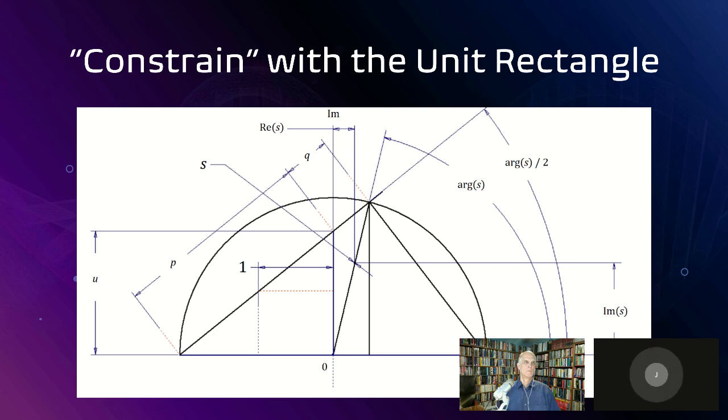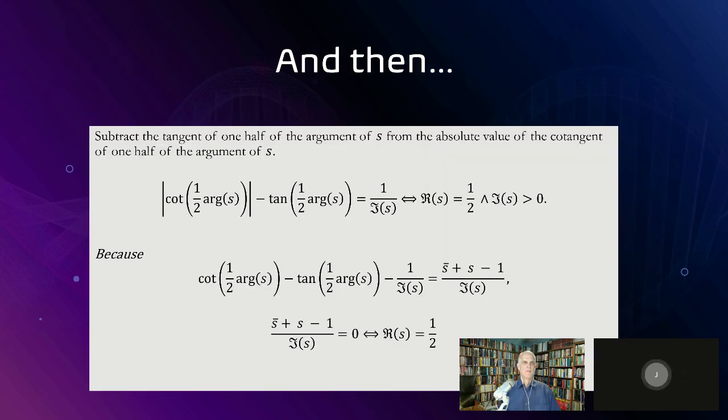From O to E up here, this line going parallel to the real line is 1 unit length. The line going up can be any size, but this always has to be 1. That allows us to do some really neat, simple things. We still have the unit rectangle in there that allows for certain geometric relationships.